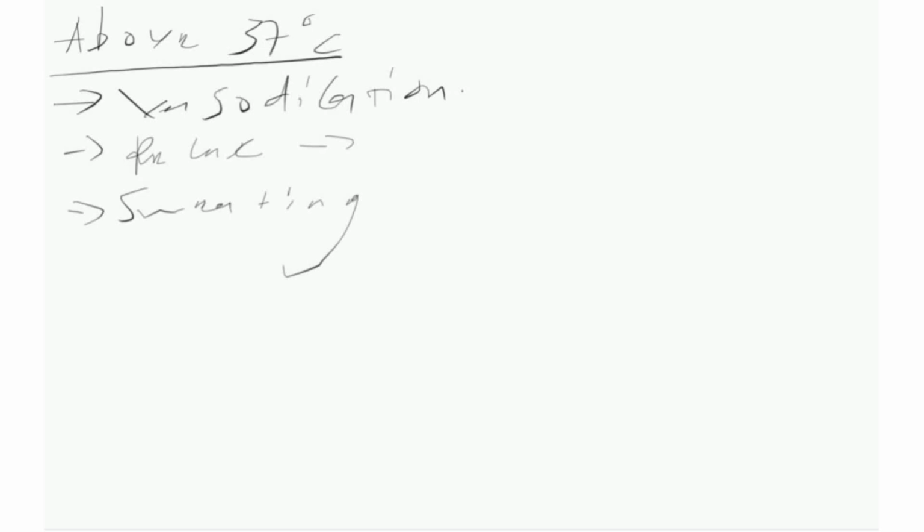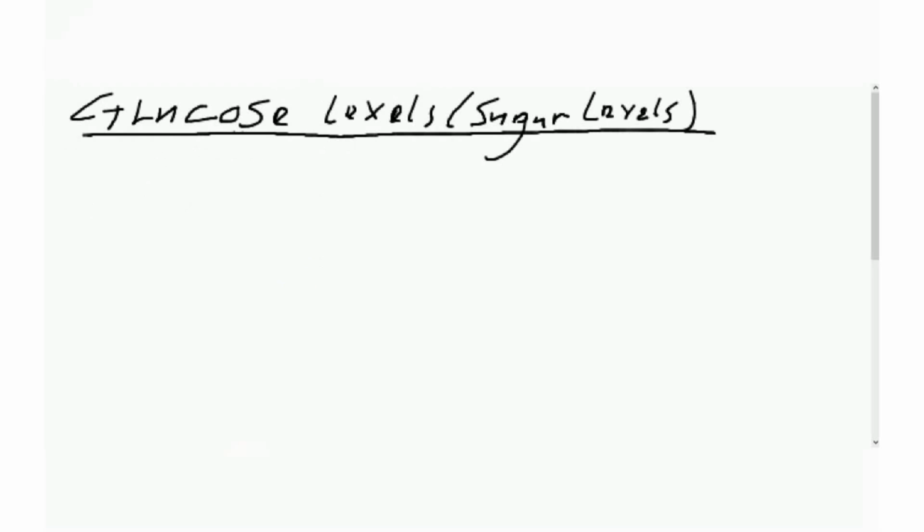So we're going to proceed. We're going to look at how the body maintains the glucose levels. Under homeostasis, we're now going to look at how the glucose levels are maintained in the body.